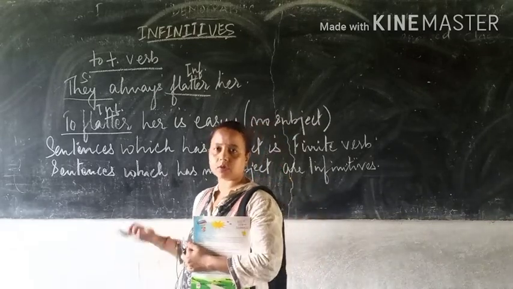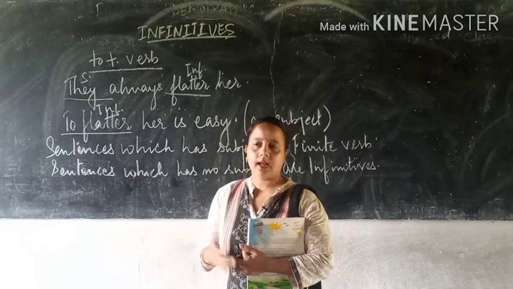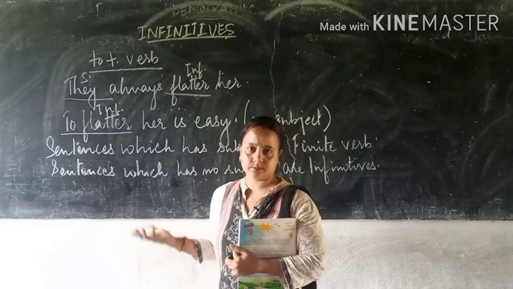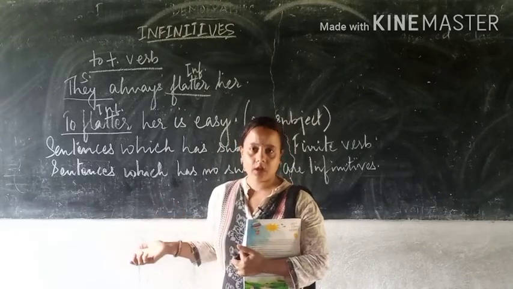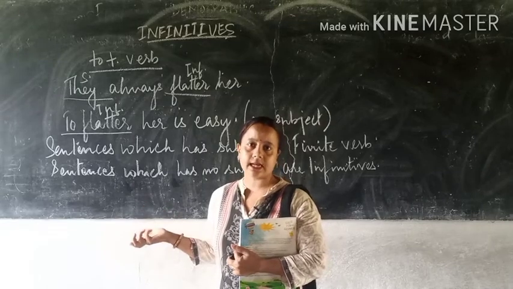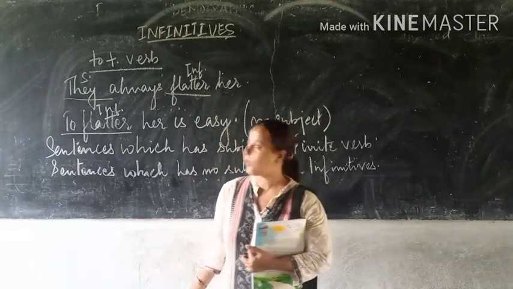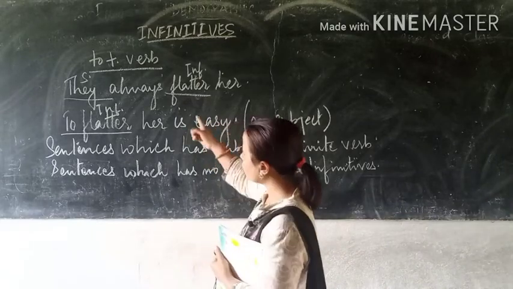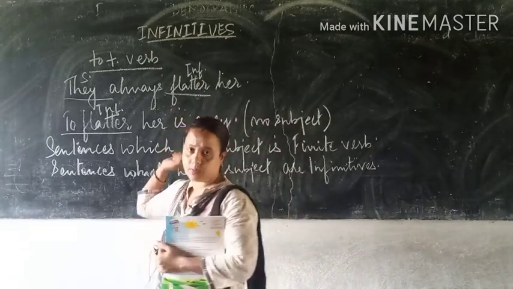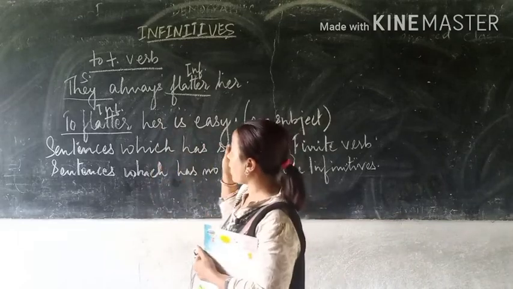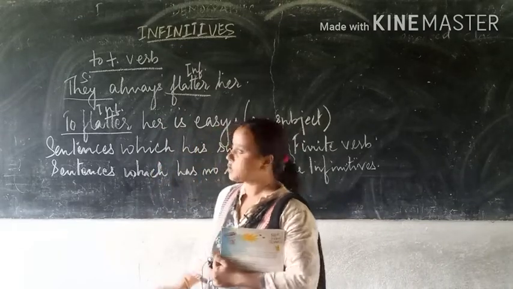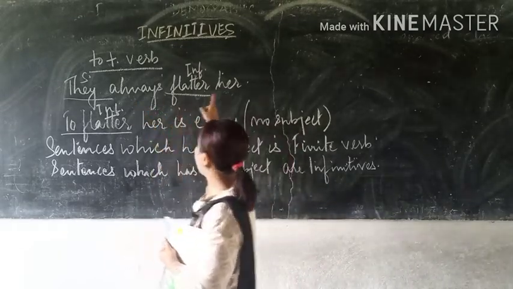Now before we proceed towards infinitives, let us talk about the forms of infinitives. When is the sentence to be known as infinitive? This is very important. There are two different sentences that I have written on the board. Let us talk about the first sentence: they always flatter her.